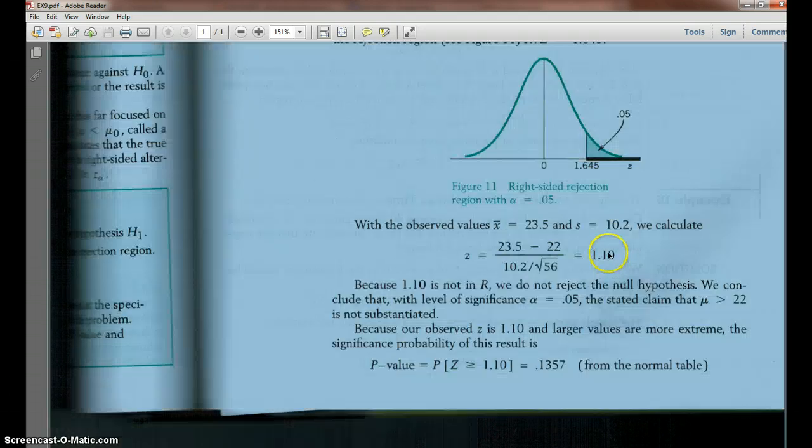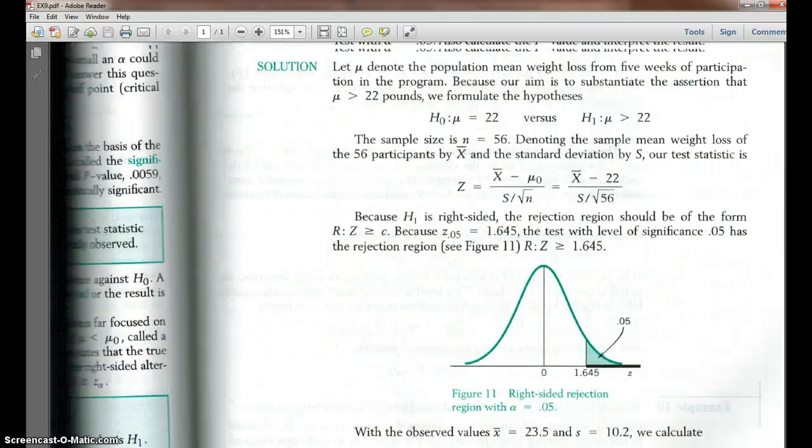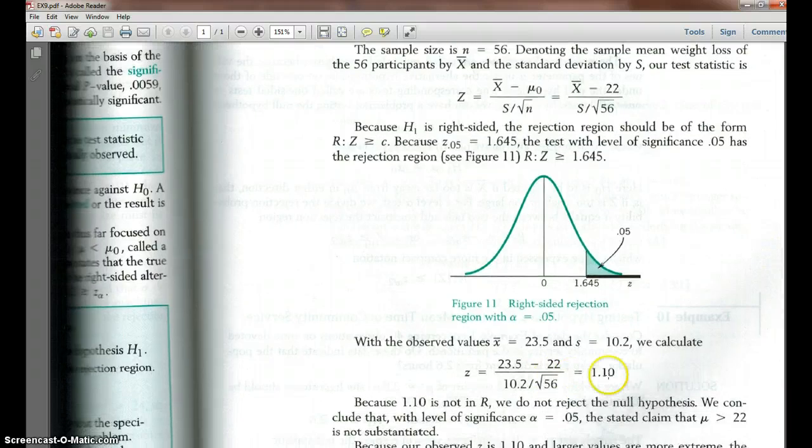1.645. In this case, if we want to support the alternative hypothesis mu is greater than 22, then we want the z-value corresponding to x bar to fall into this region here. But 1.10 does not fall in this region.